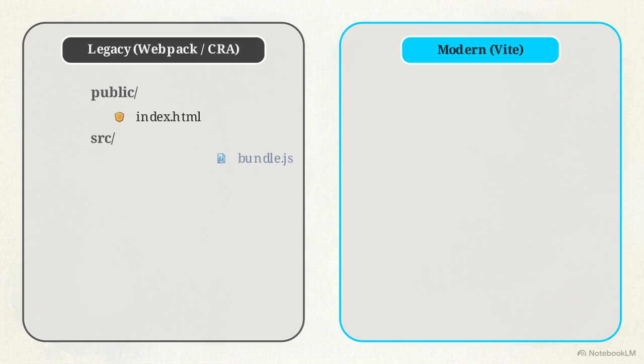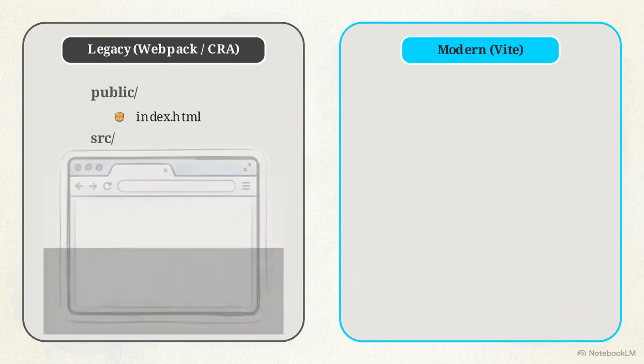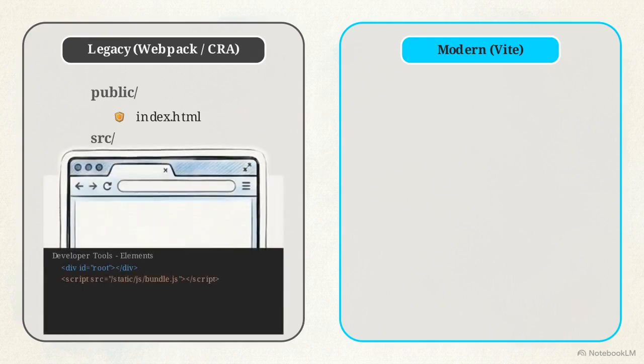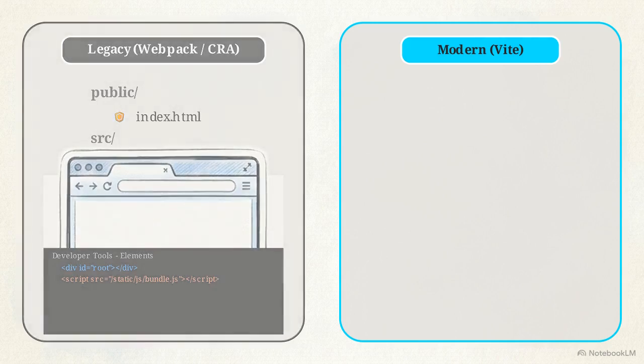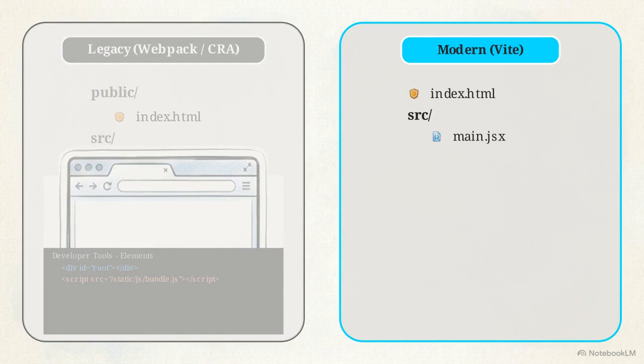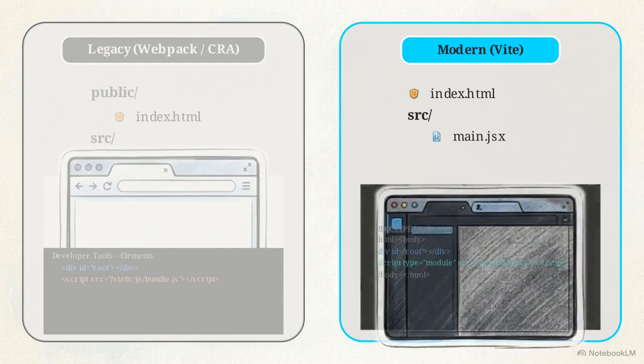The legacy approach relies on abstraction. When you build the project, tools silently inject execution scripts into the HTML file, entirely behind the scenes. You cannot find this script in your actual source code. A developer has to open the browser's inspection tools to realize that a massive bundle.js file is doing the heavy lifting. Modern environments like Vite reject this hidden layer.